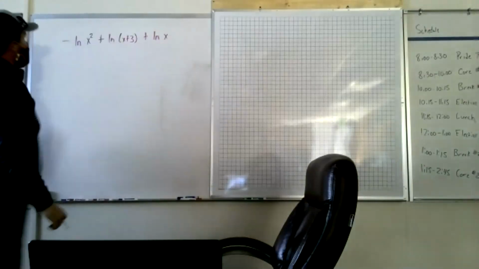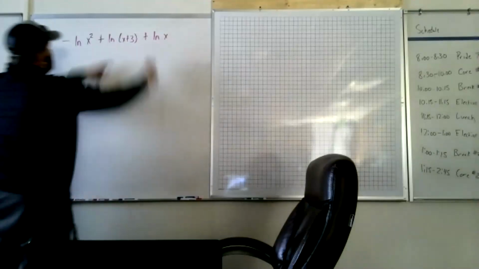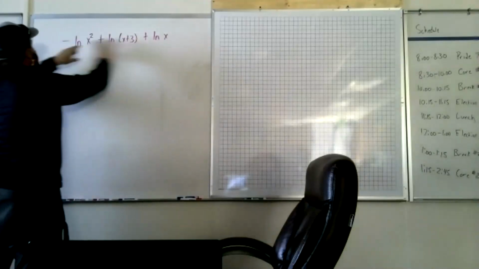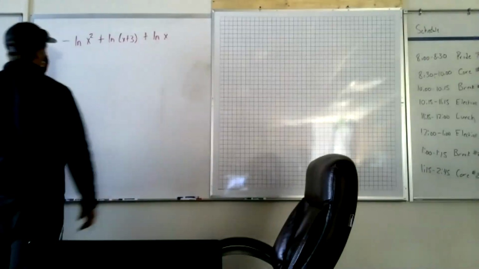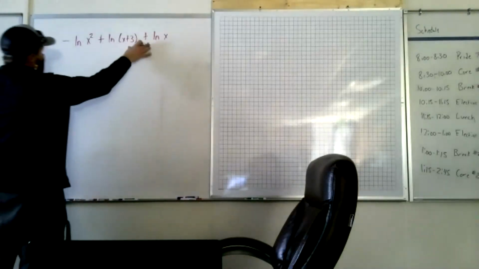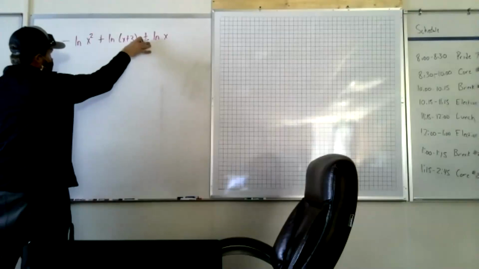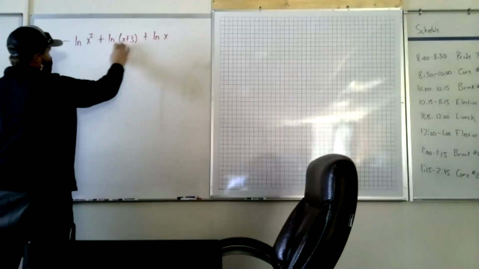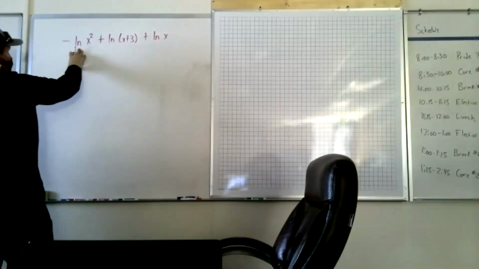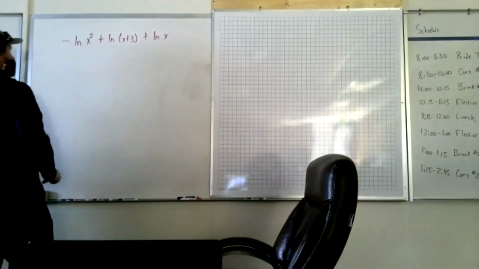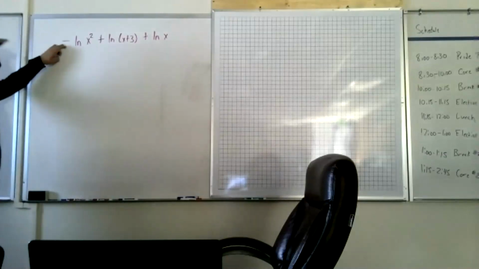Okay, they all have the same base, so I'm good. These two are going to be multiplied together, with this natural log of x squared on the bottom. The product property corresponds to these two, and the quotient property corresponds to this one. That's why it has the negative out front, signifying that this is in the denominator.